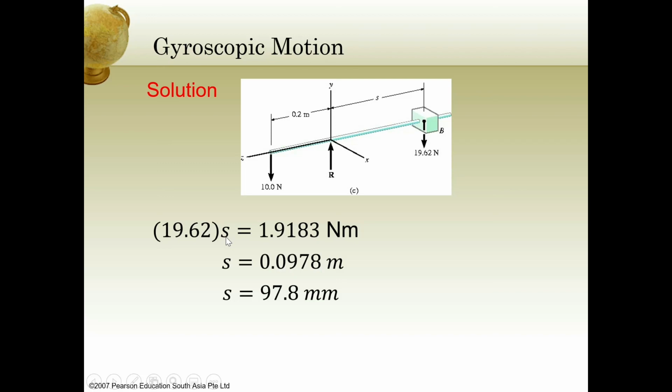The distance is s, and the force or the weight is 2 kilogram times the gravitational acceleration. So we get 19.62. We put this value to the right hand side, and finally we get the distance. So s is equal to 0.0978 meter, or 97.8 millimeter. So this is far closer compared to this one, which is 200 millimeter.